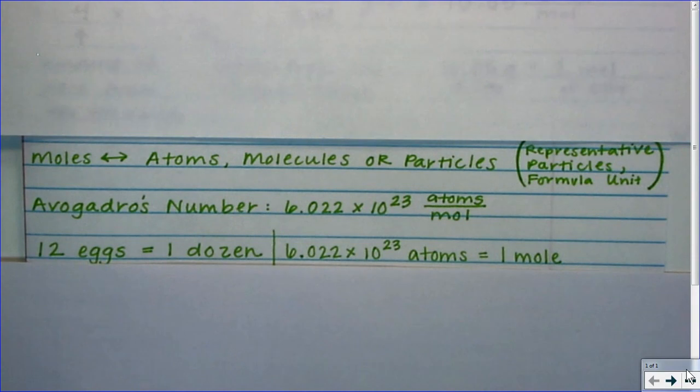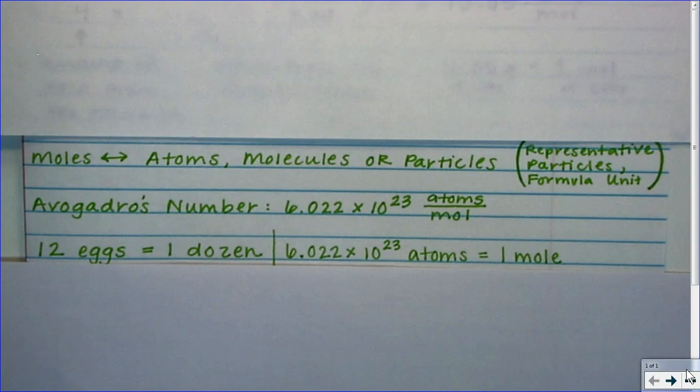Looking at any periodic table, every single square or rectangle, whatever shape you might have for your periodic table, each element has a mass underneath the symbol for that element. That mass is going to be the mass for 1 mole of that element.